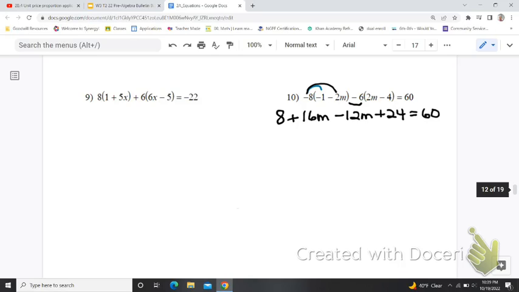Alright, so our distributing is done. We have distributed the negative 8 times the first set of parentheses and the negative 6 times the second set of parentheses. Now we can combine like terms because we want to simplify that left side. So the 8 and the 24, those would be like terms, and the 16m and the negative 12m.